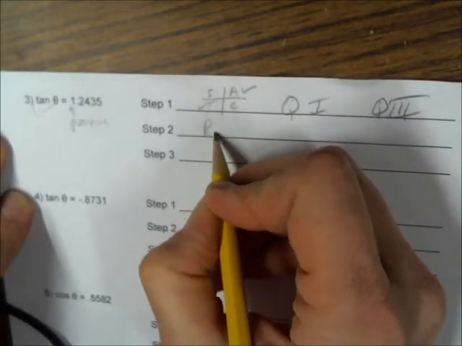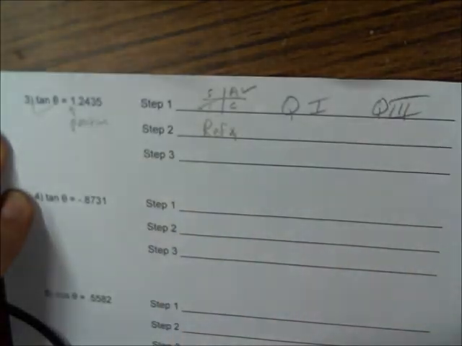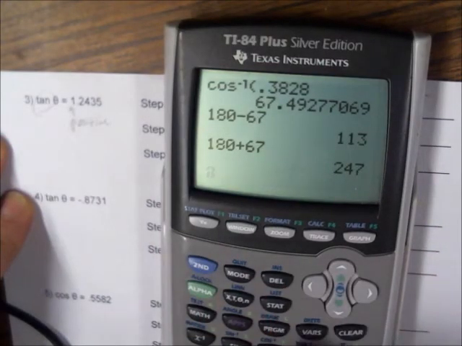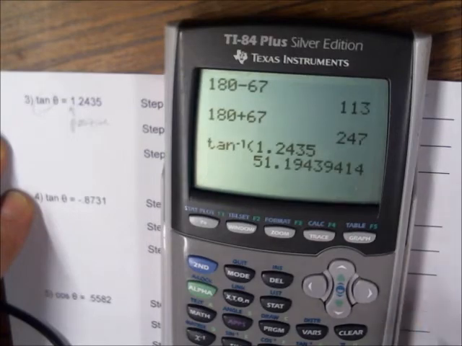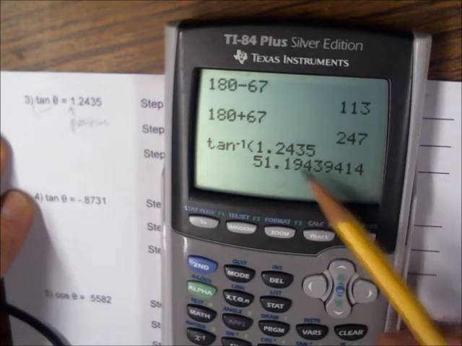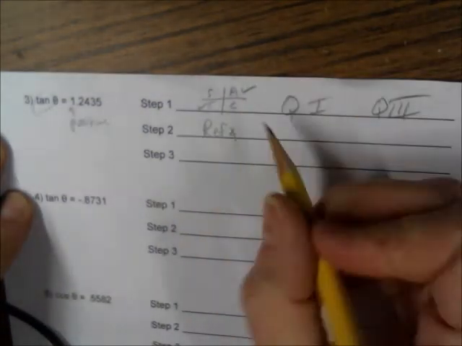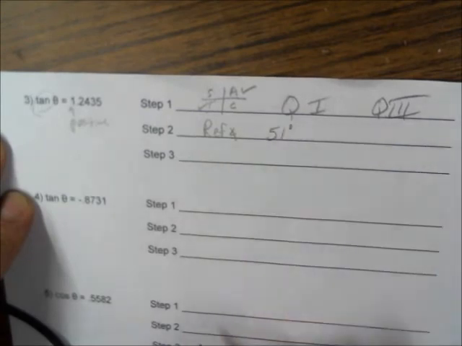That's where our answers are coming from. The next step is to get the reference angle from our calculator. So we're going to type in second tangent of 1.2435. And this reference angle is 51 degrees rounded. So we'll write that down, 51 degrees.